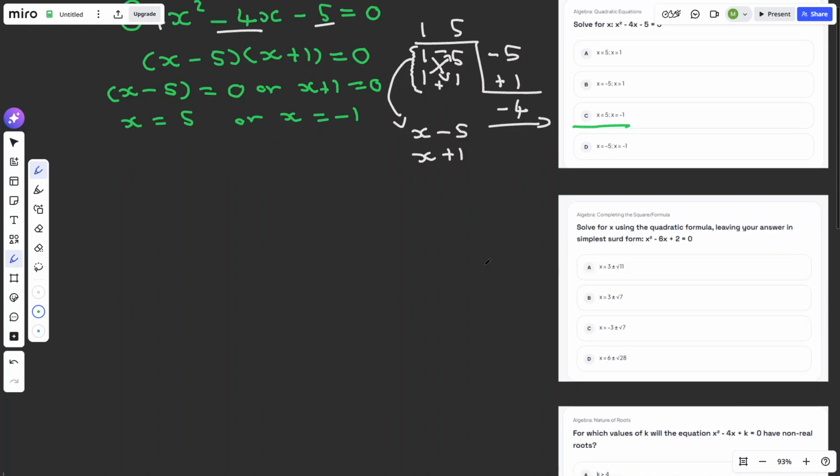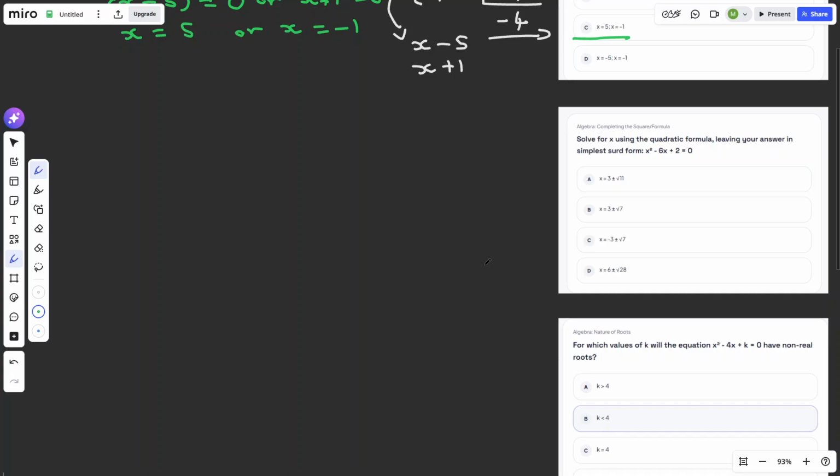Okay then, so now let's go on to the second question. So now in question 2, we'll be employing a different method, okay? So first, let's write down the equation. So we've got x squared minus 6x plus 2 is equal to 0.